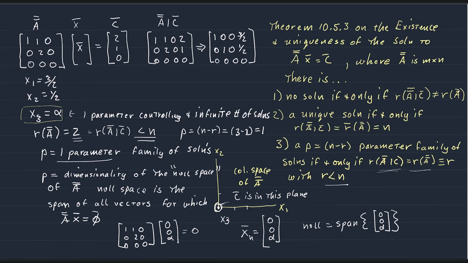And the null space lies out of the x1, x2 plane, and it lies in the direction, I guess, going out of your page. And so this has again a one-parameter family of solutions. The null space is one-dimensional, extending out of this plane, and this solution is non-unique. And so that's this part of the theorem.